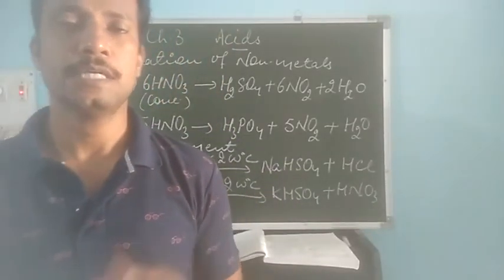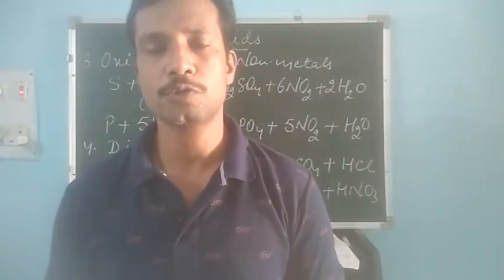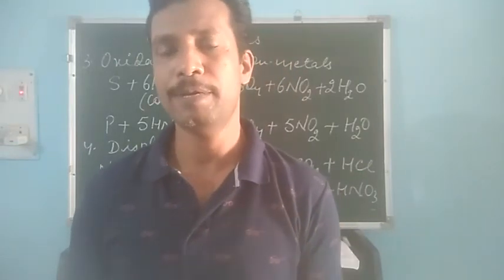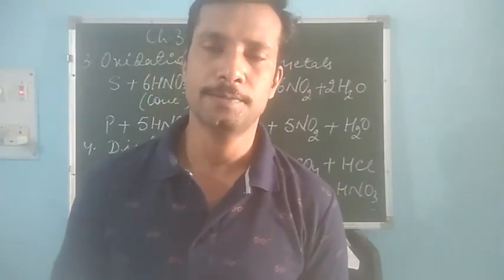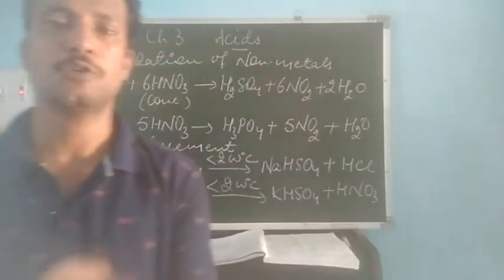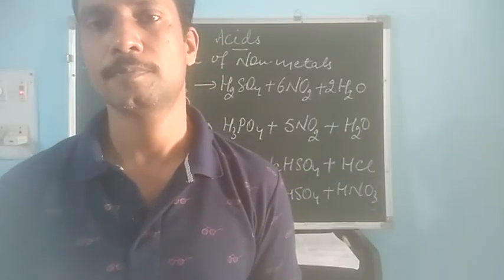Next is indicators. Indicators are those chemicals that can identify the solution as a base or an acid. That is, we can distinguish between acidic solution and basic solution using indicators.